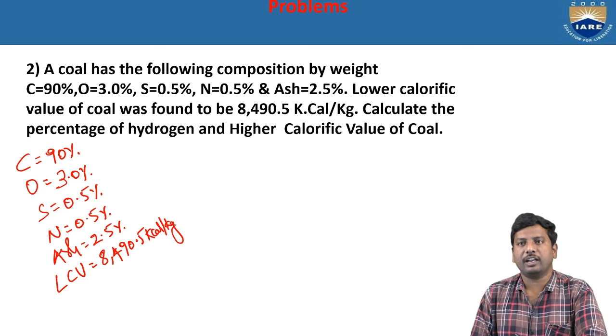So this is the given data. Now they want the percentage of hydrogen first, and next the higher calorific value. Now let us see the solution.